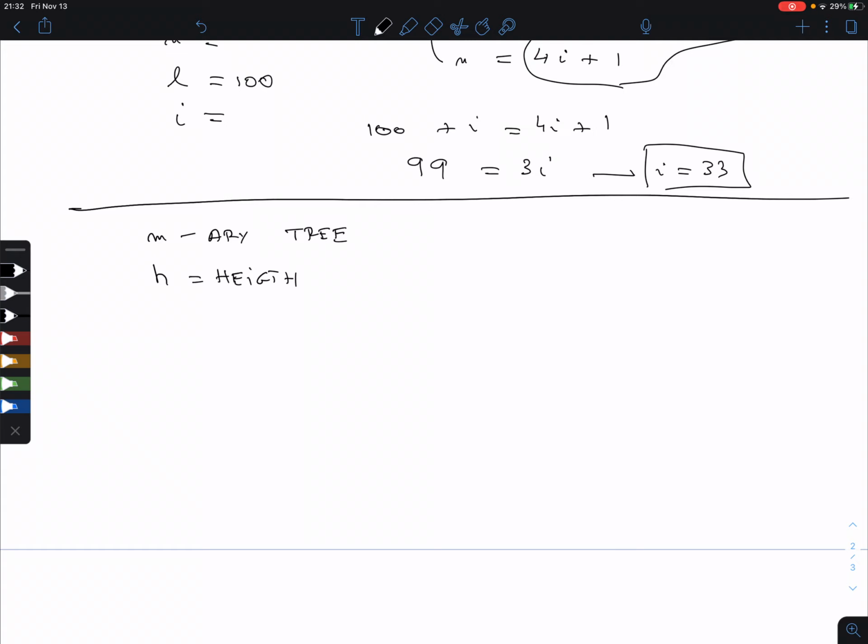Remember, this is the longest path from a root to a leaf. If you think of a genealogical tree, it's the number of generations back that it goes, right? So that is the height of the tree. And then we have an estimate for the number of leaves. So given these 2 things, it's not an equality, it's an inequality. That is this inequality.